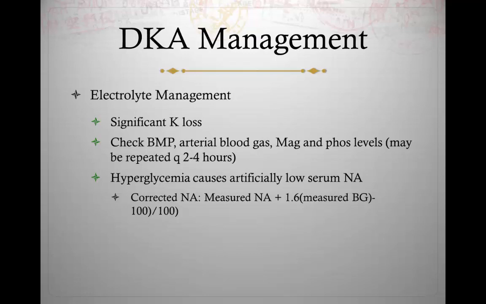Now, check the BMP, check ABGs, check magnesium and phosphate levels. Correct the sodium if it's necessary. Okay, so for potassium stores, you could give potassium phosphate or potassium acetate to avoid giving potassium chloride, because remember, we need to avoid hyperchloremic metabolic acidosis, and try to replace potassium to have a goal of more than 3.5 milliequivalents per liter.